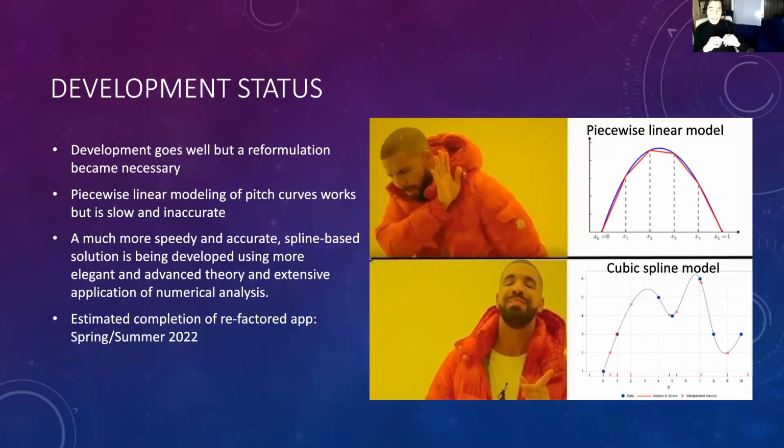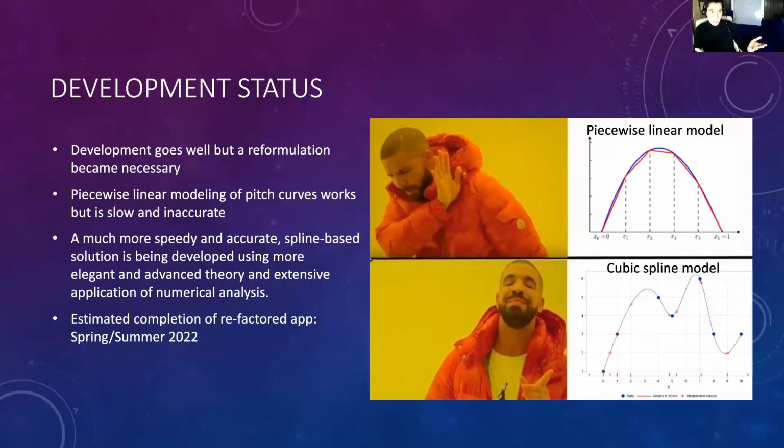I had to use an insanely high number of segments, insanely finely partitioned to get decent results. And I've been reformulating the theory based on more spline-based modeling. And this is very, very promising, the results I'm getting out of this. They're very accurate, they're very quick to compute, leaps and bounds better than the old approach.